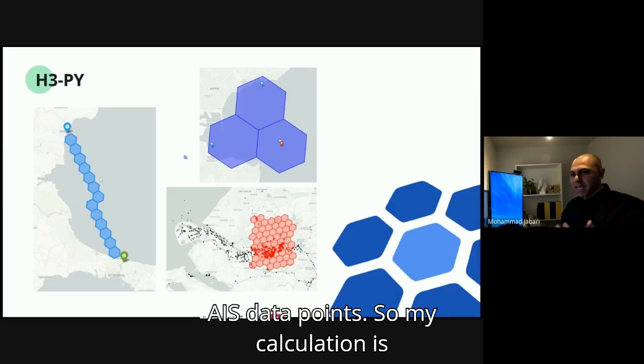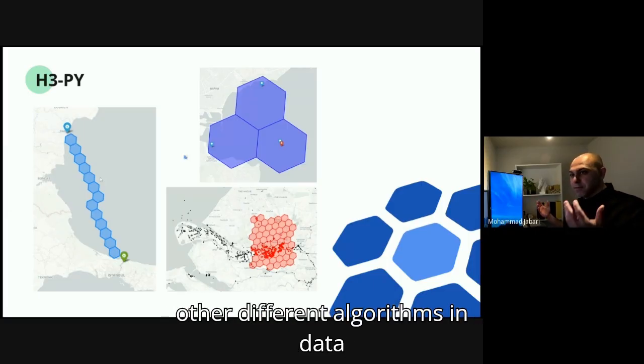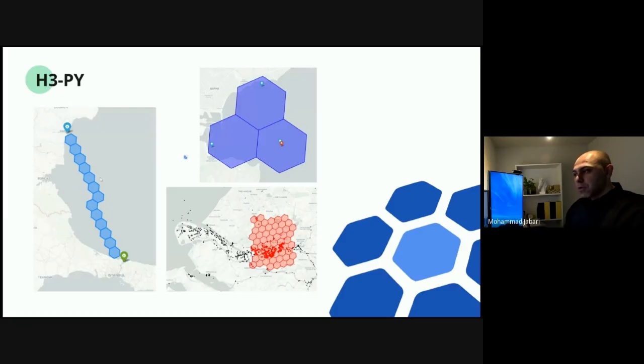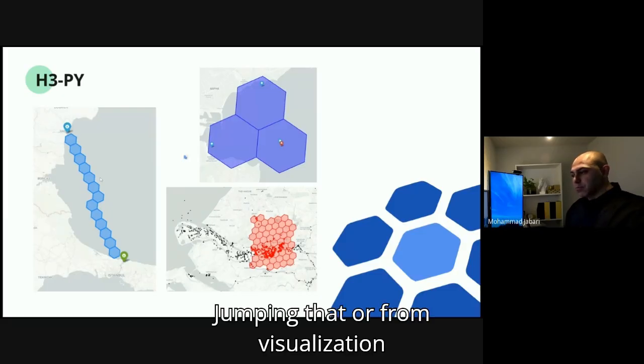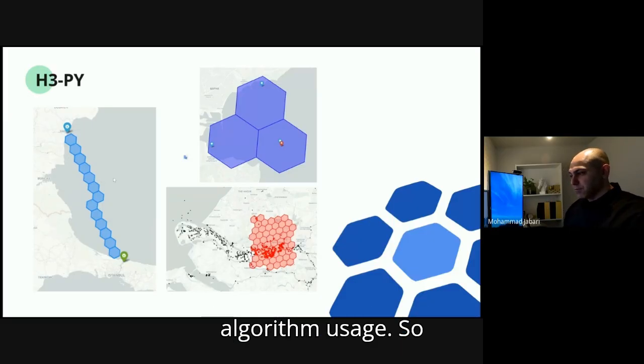So my calculation is very fast. I can maneuver with many other different algorithms in data science, or from a visualization perspective, or from a calculation or algorithm usage perspective.